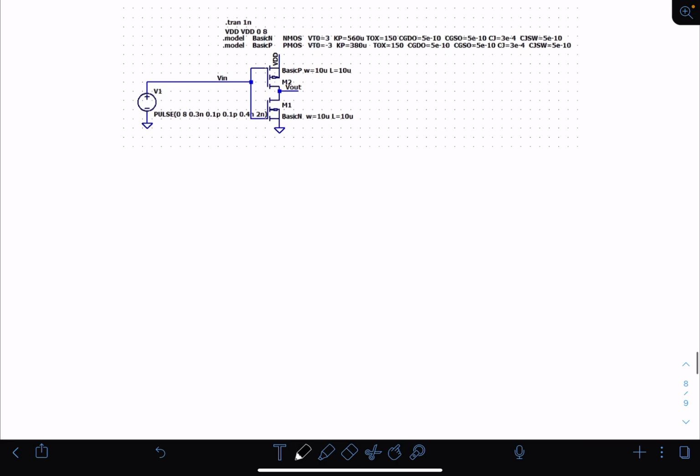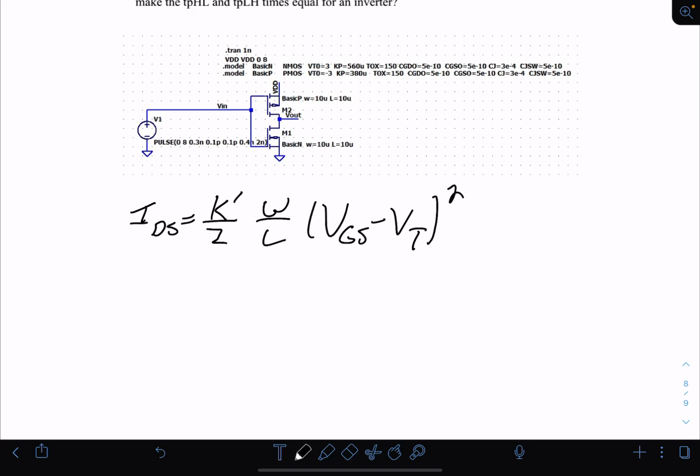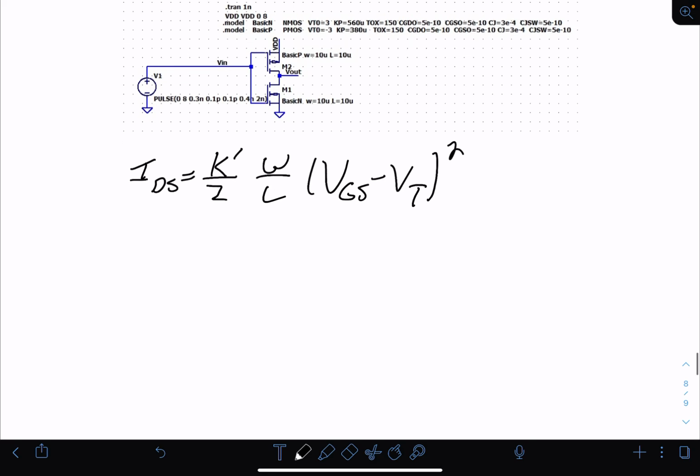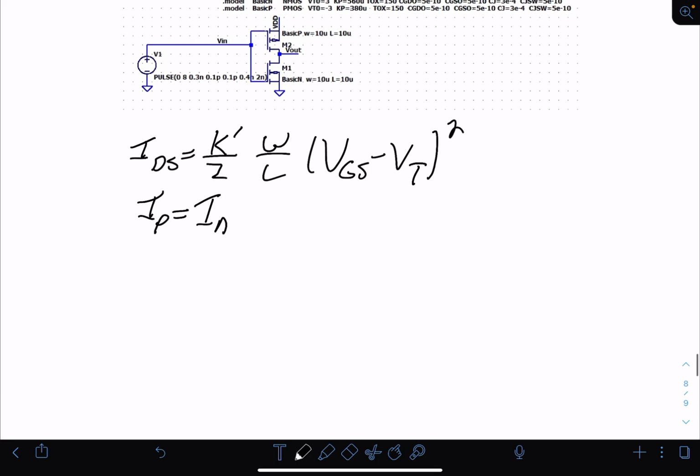So we'll start with the current equations. IDS is equal to K prime over 2 times W over L times VGS minus VT squared. Okay, so now we want to set IP equal to IN so that they will have the same delay.